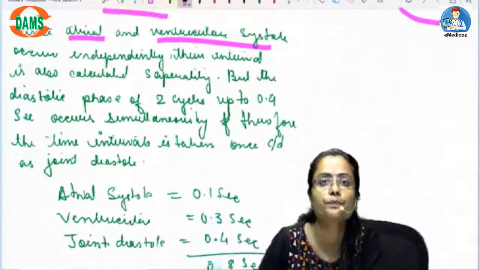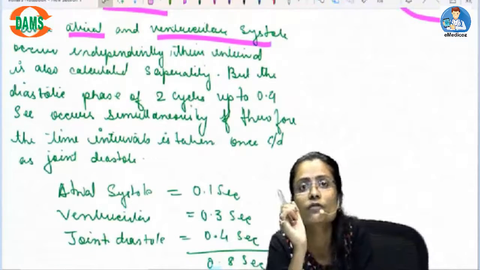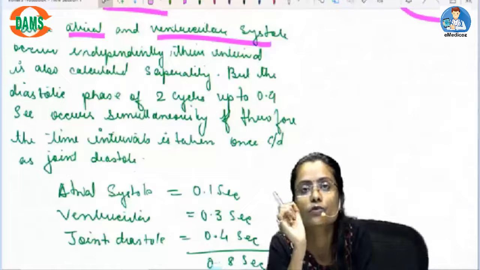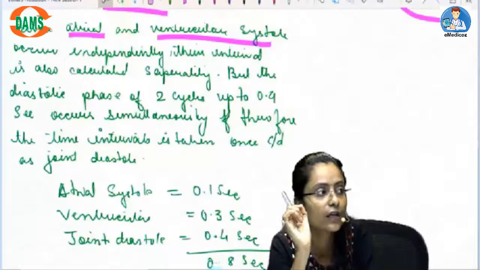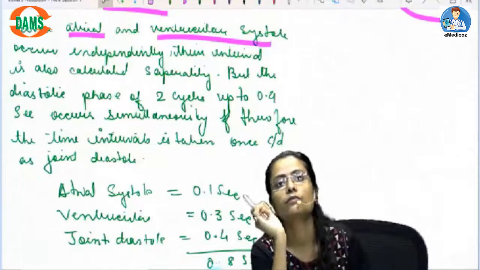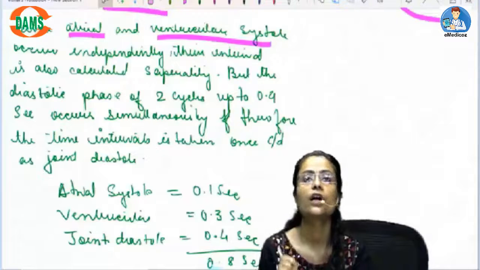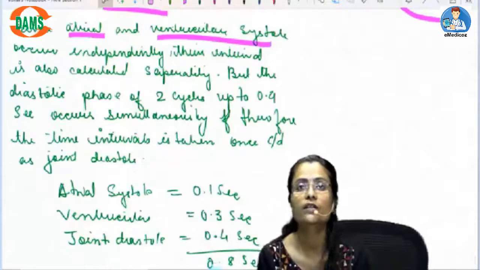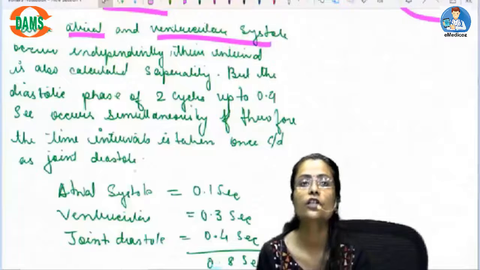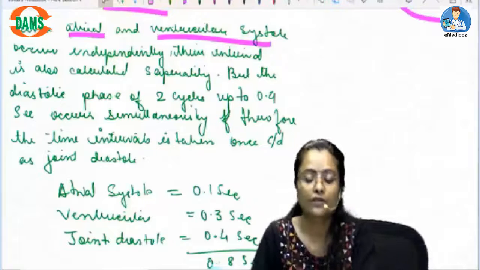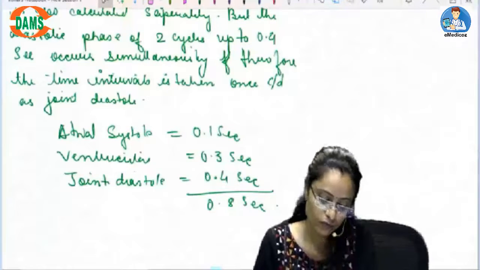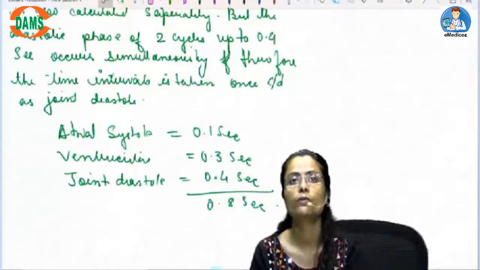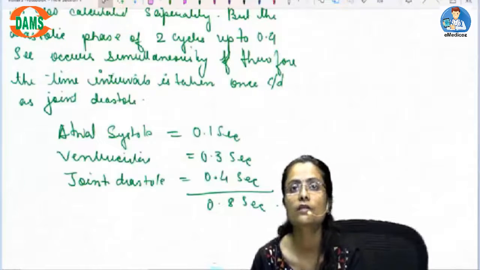But the diastolic phase of the two cycles, up to 0.4 seconds, occurs simultaneously. Therefore the time interval is taken once, called joint diastole.